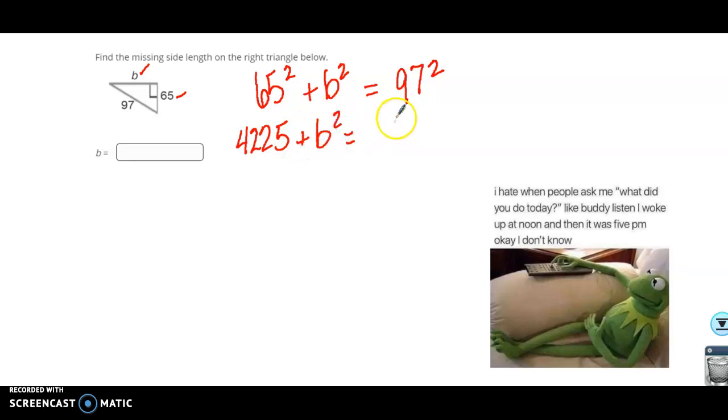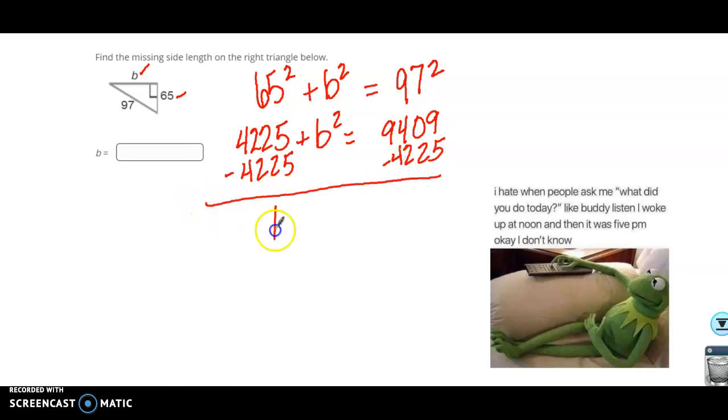And 97 squared is 9409. So then there's that extra step. You have to get b by itself, so you're going to subtract 4225 from both sides. That gives us b squared is equal to 5184. And then the last grand finale step is to take the square root of both sides. Okay.